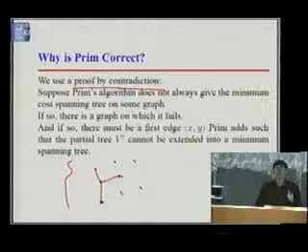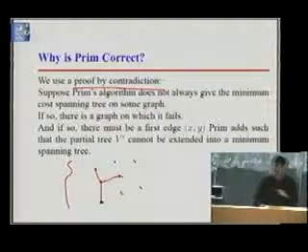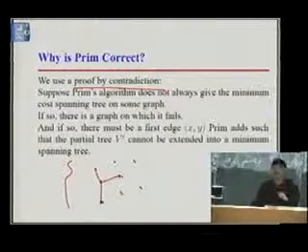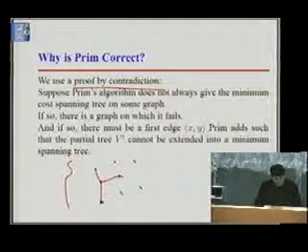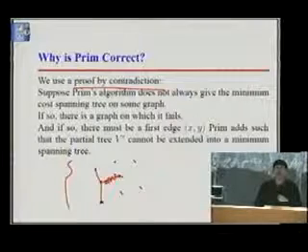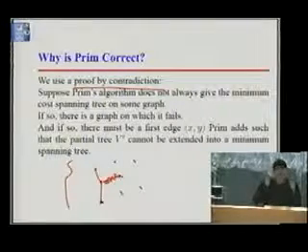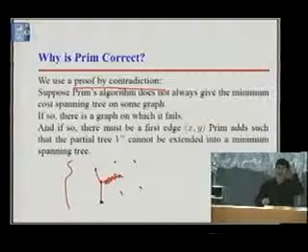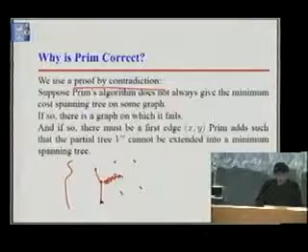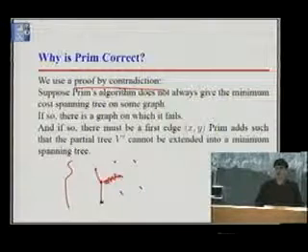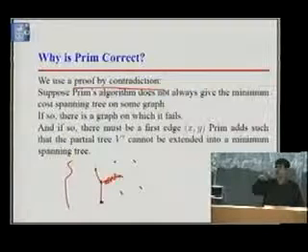The claim would be that if Prim's algorithm was wrong, there is some point at which adding this edge was the fatal mistake. Does everybody agree with that? If it was wrong, it meant that at some point we added an edge such that there is no minimum spanning tree containing these edges that we had. Do people agree with that? That's what it means to be wrong. Okay?